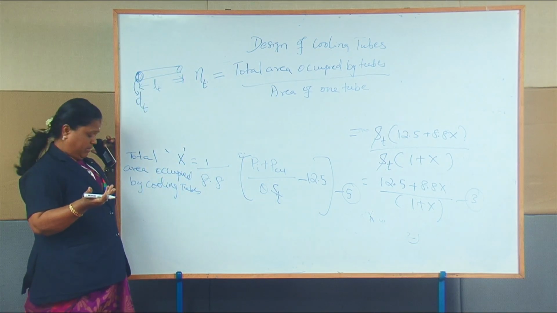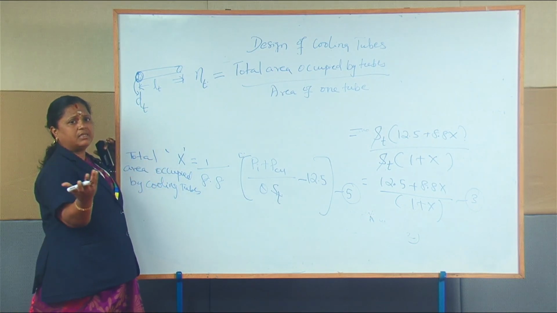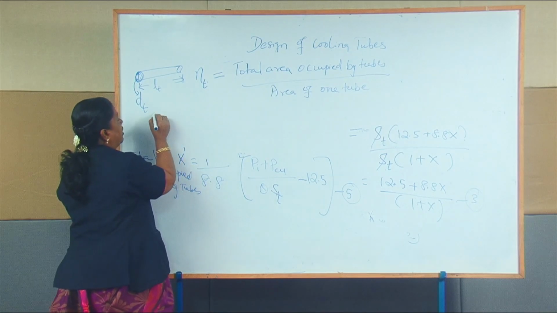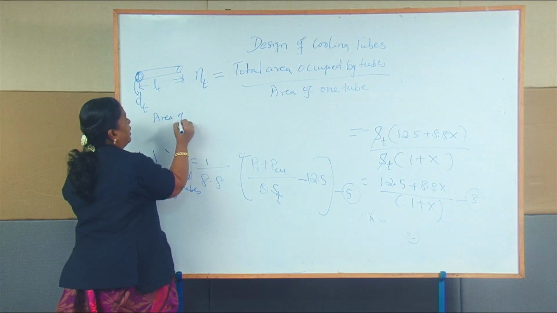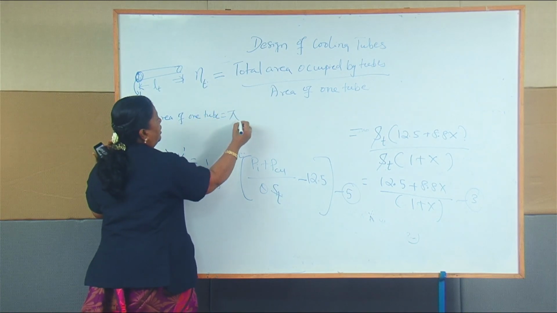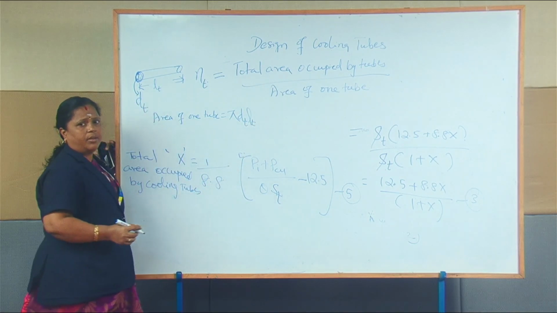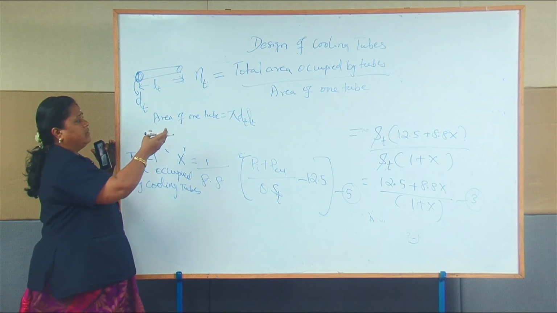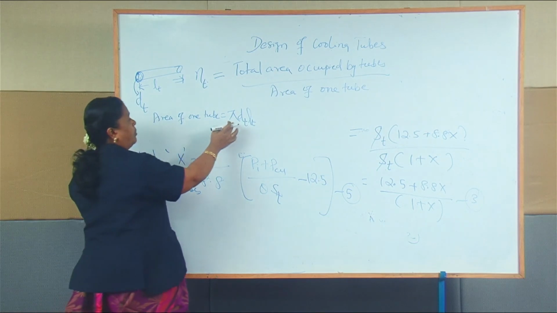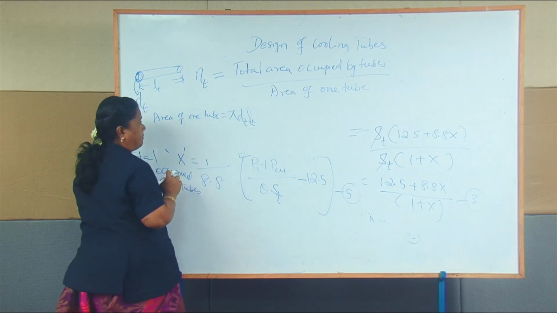It is nothing but the surface area of a cylinder, right? So, the area of one tube will be pi d suffix t L suffix t, since the surface area is 2 pi r h.